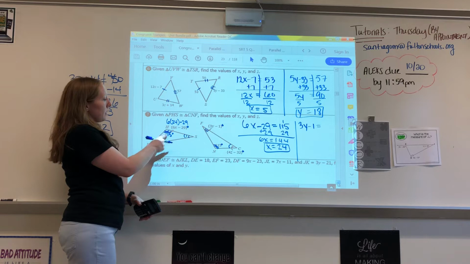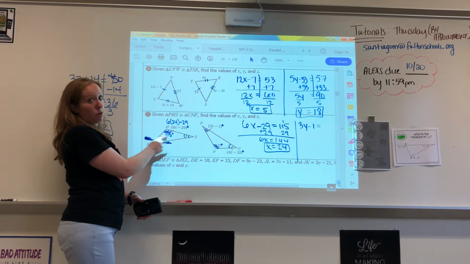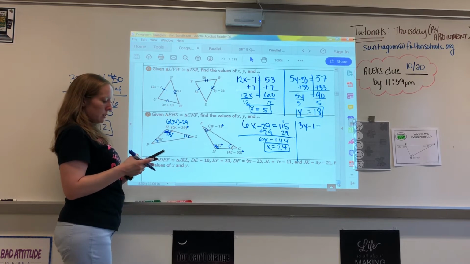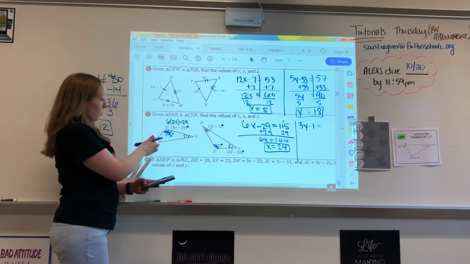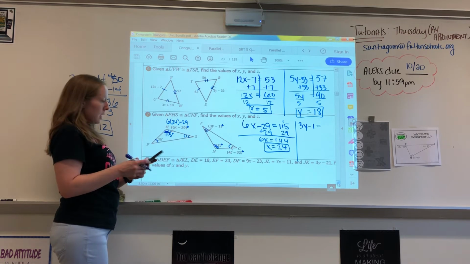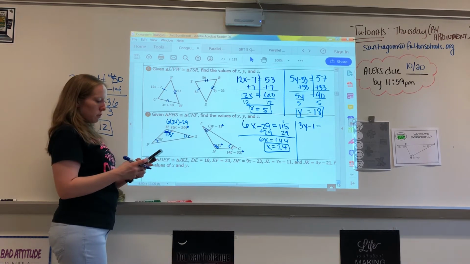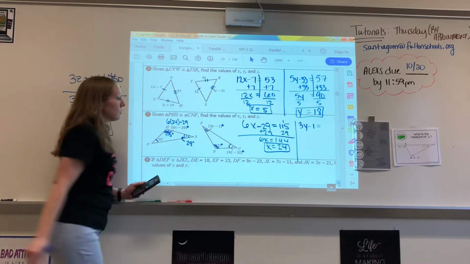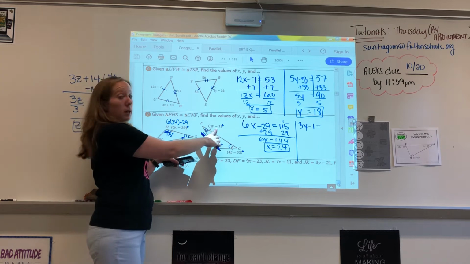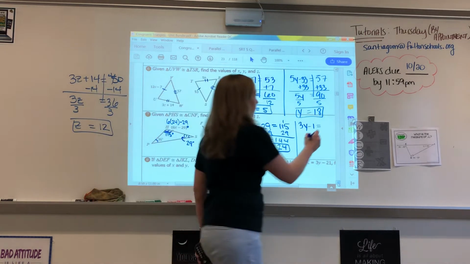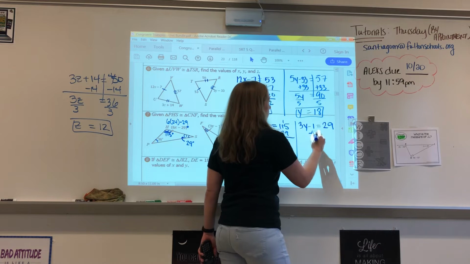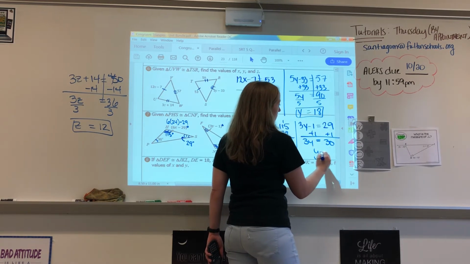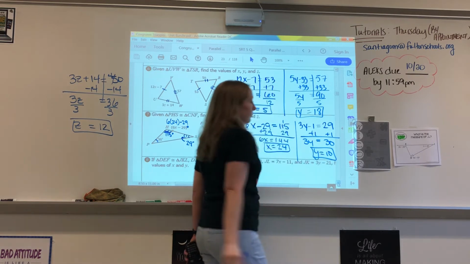Well, now I'm given two angles. I can find the third. So I'm going to take 180 degrees in every triangle, subtract 115, and subtract 36. And I find that angle S is 29 degrees. So I now know 3y minus 1 equals 29. Then I add 1 on both sides. 30 divided by 3, y equals 10.